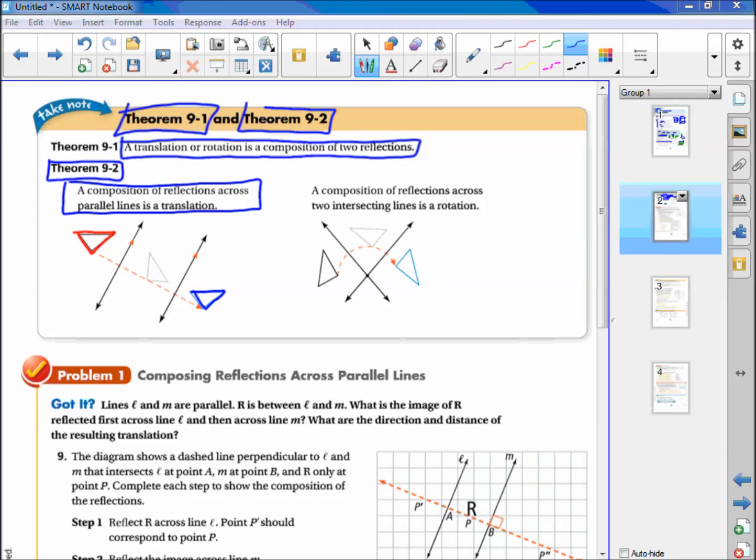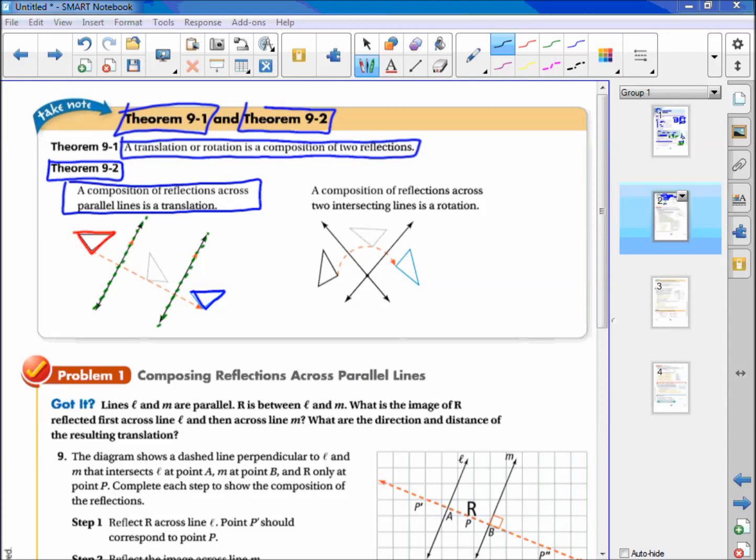And what this theorem says, the first part here, is that instead of doing a translation, you could just make two parallel lines, one at 1/4 of the way between the red and blue, and the other at 3/4 of the way between the red and blue. Okay, and then if you do reflections over those two parallel lines, a composition of reflections, you'll get the same result as if you did the translation. All right, so let's see how that works.